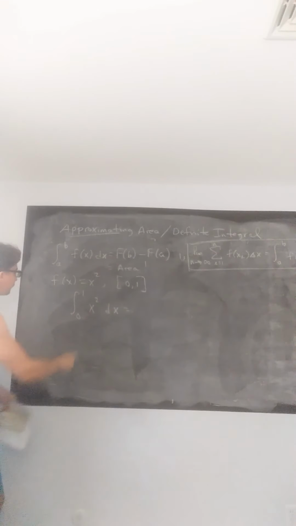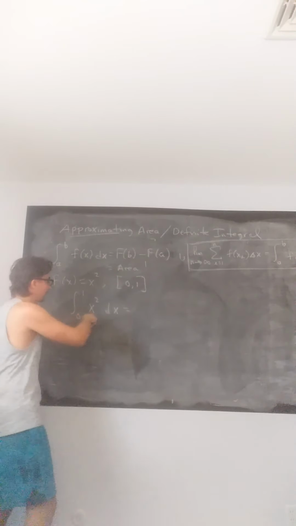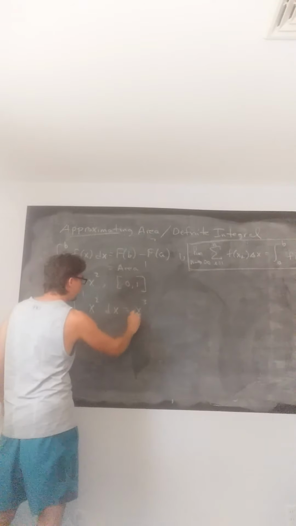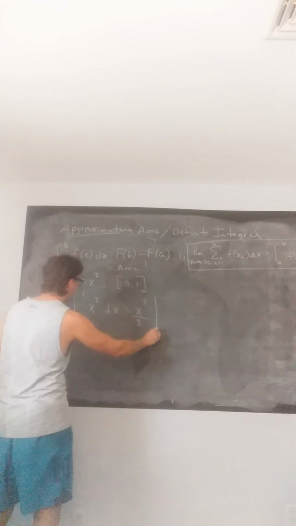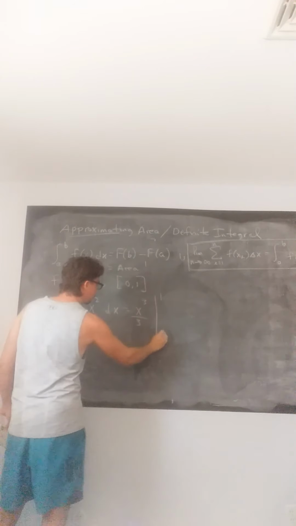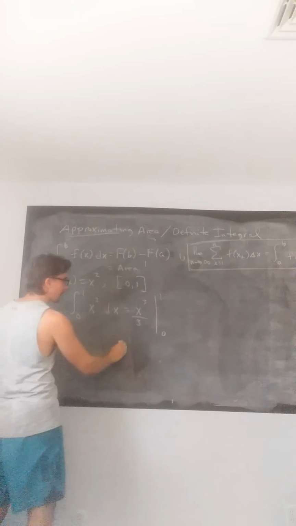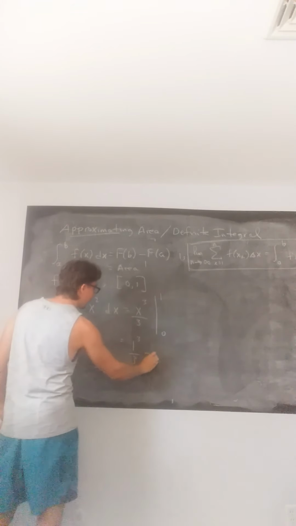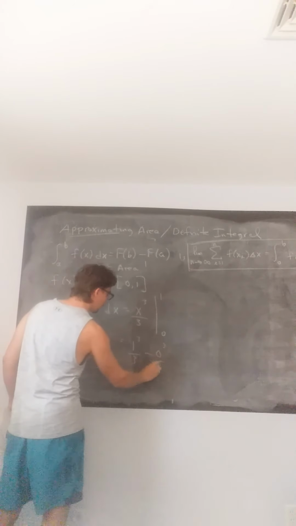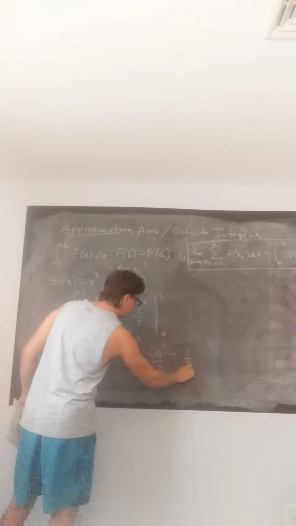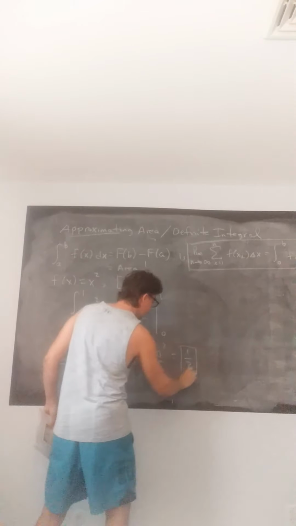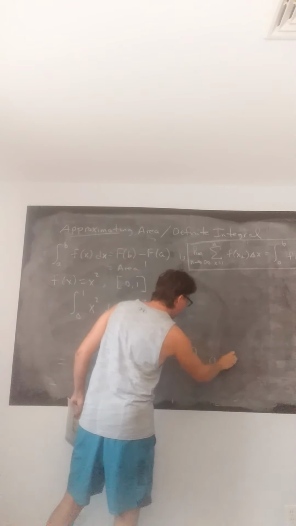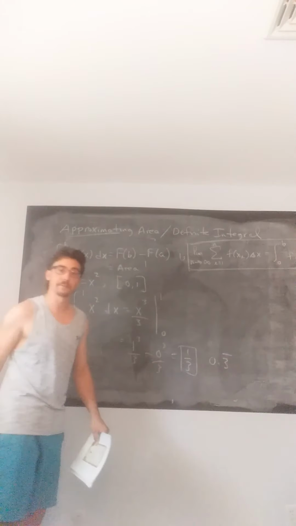What this means is we take the antiderivative of x squared, which is x cubed over 3, and we evaluate it at x equals 1 and x equals 0. So what does that mean? That means we have 1 cubed over 3 minus 0 cubed over 3, which is a third. So the actual area is 1/3 or 0.3 repeating.